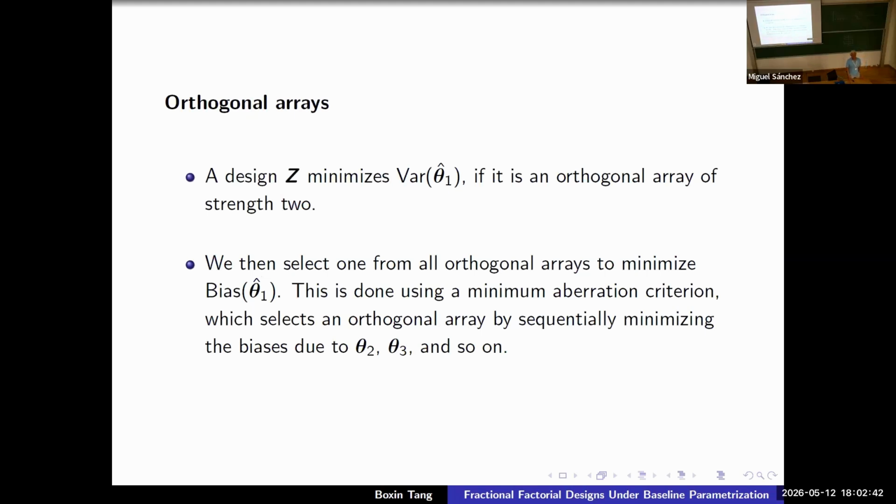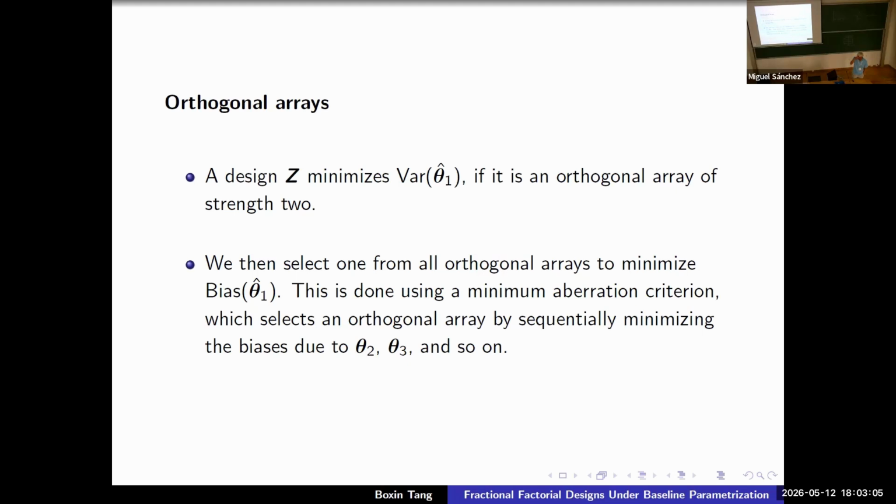This is how orthogonal arrays can help us. If the design Z is an orthogonal array of strength 2, then it minimizes the variance covariance matrix. I won't go into detail.